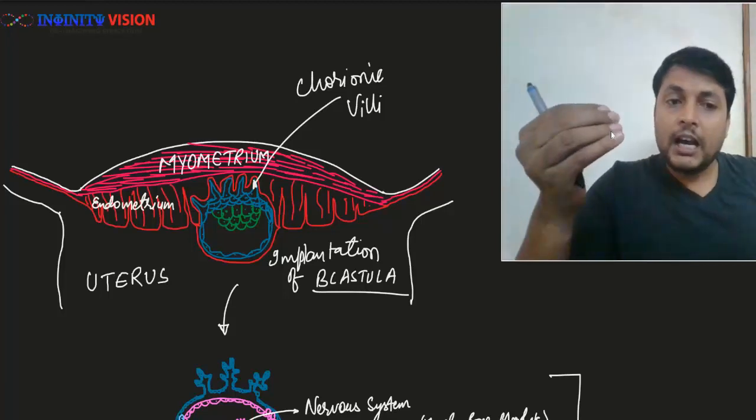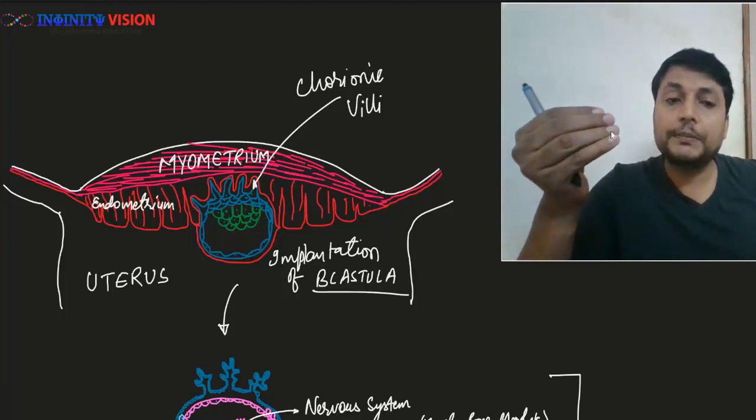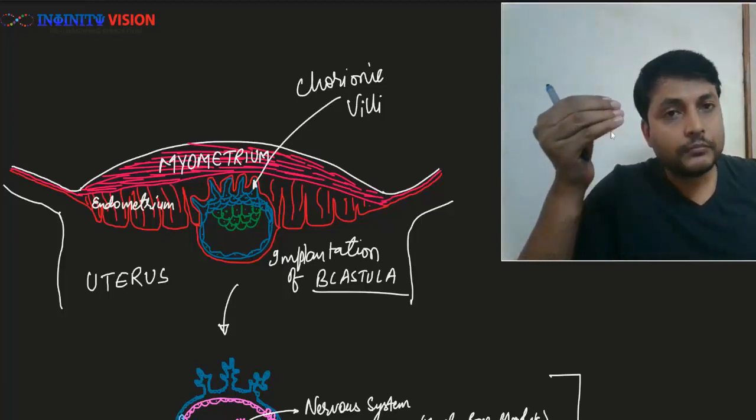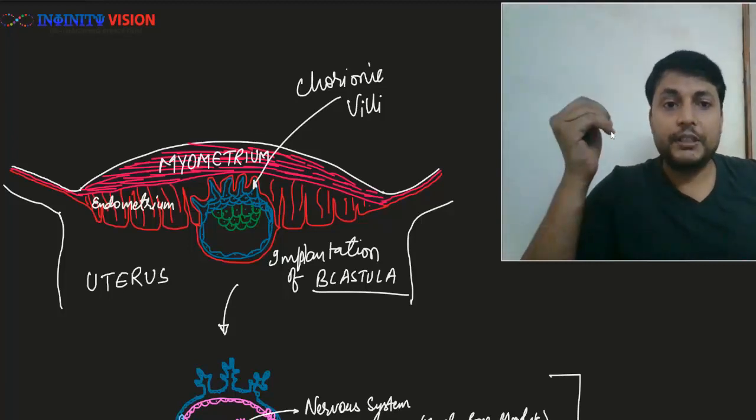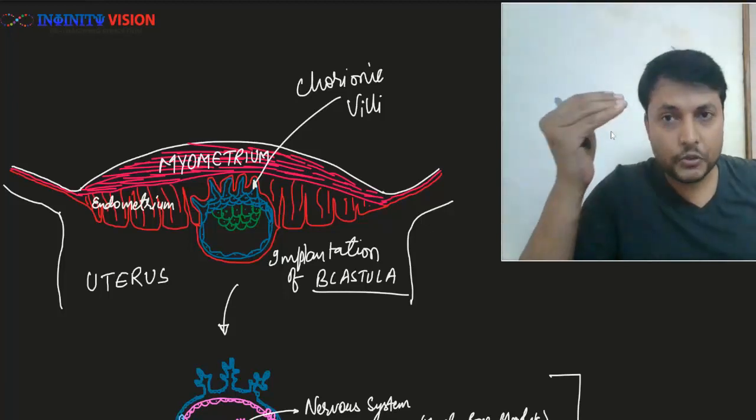Now, once implantation has occurred after the blastula stage, we say that pregnancy is established. The female is pregnant; this is the hallmark of pregnancy.